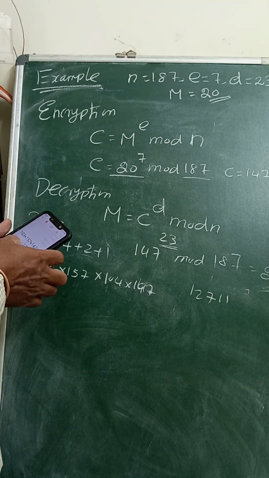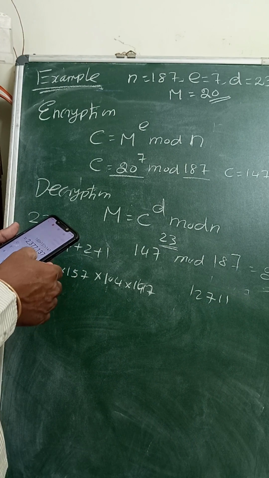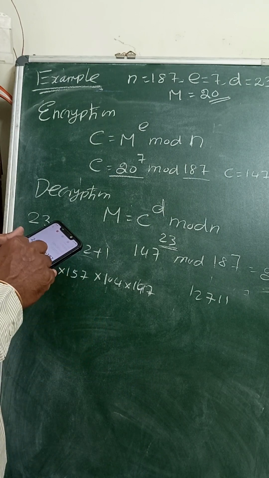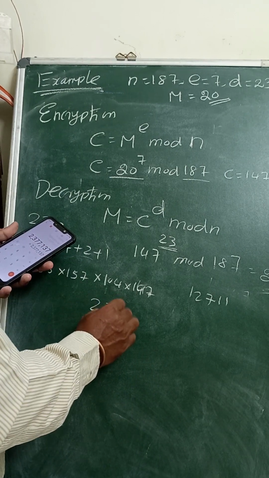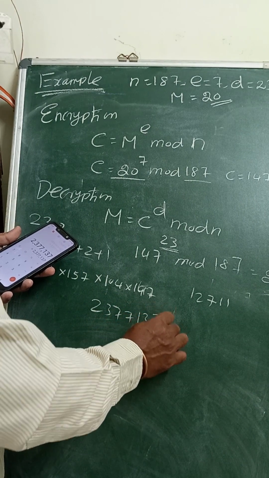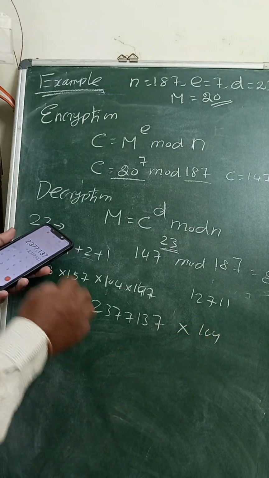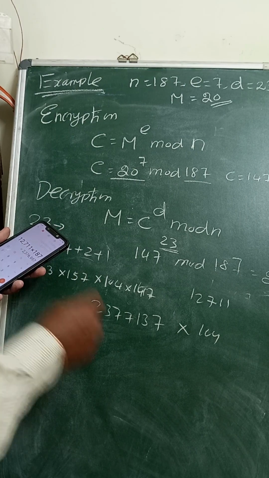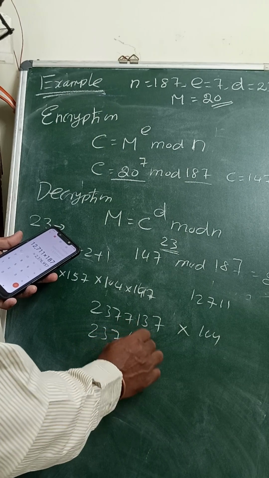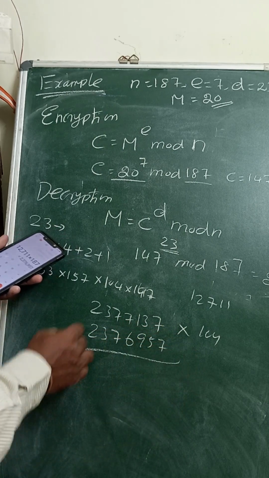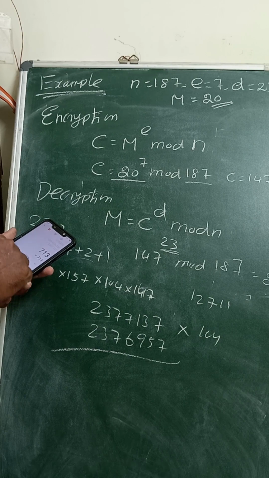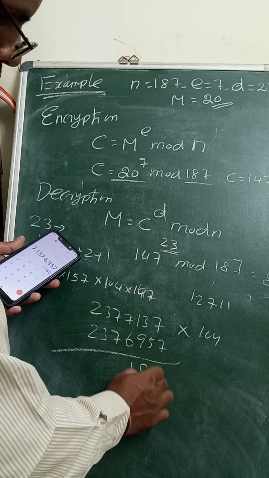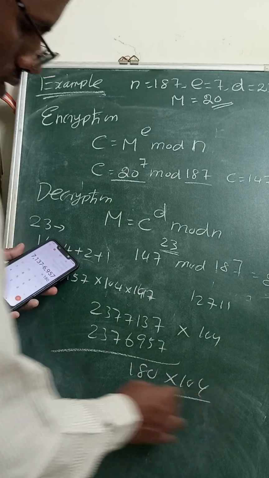So that answer, this answer divisible by 187. 127. 12711 into 187, 2376957. So 7137 minus 6957, 180.